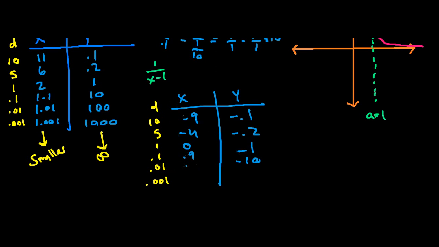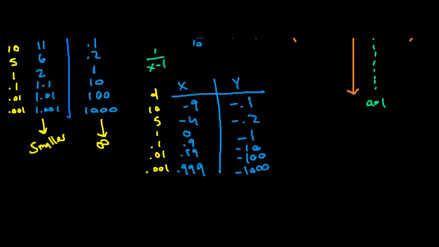If I want to be 0.01 away, I have to put in 0.99. It's going to be minus 100. To be 0.001 away, I have to put in 0.999. That's going to be minus 1,000. So we can see that this is also going to infinity, more specifically, negative infinity, as these get closer to A.